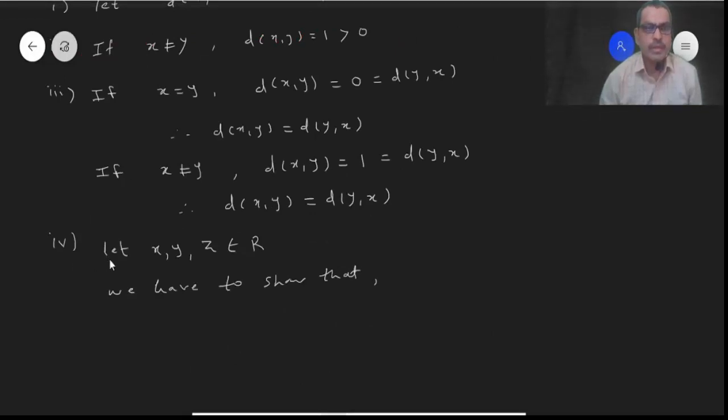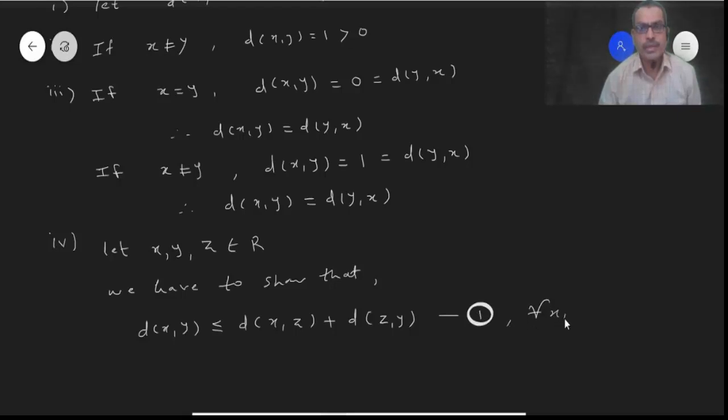In the fourth condition, let x, y, z belong to R. That is, we have to show that d(x,y) is less than or equal to d(x,z) plus d(z,y), say equation number 1, for all x, y, z belonging to R. Our fourth condition is the triangular inequality, or we say the triangle inequality.